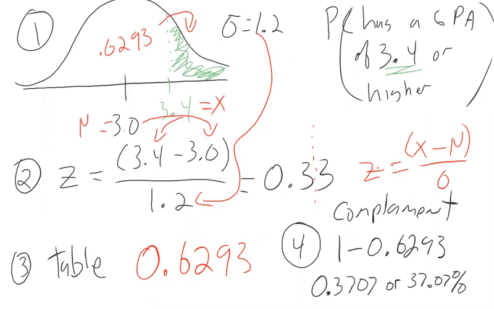So just to recap, because we colored to the right, we have to do an extra step, because anytime we take values out of the table, they are always to the left of your event. If you ever want to the right of your event, you must do the complement.